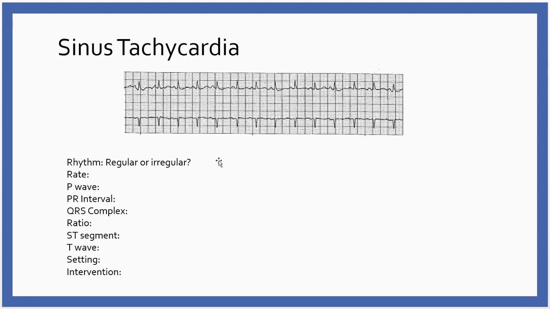Because it can be a compensatory response to things such as hypovolemia, anemia. If I don't have a lot of oxygen carrying capacity on my red cells because I'm anemic, then my heart's going to have to work faster or work harder and pick up the heart rate in order to bring oxygenated flow to tissue.